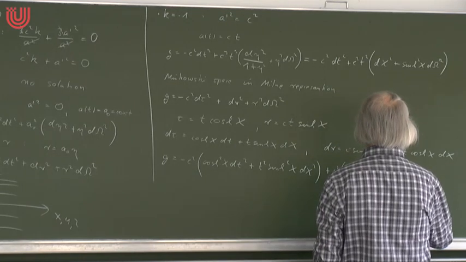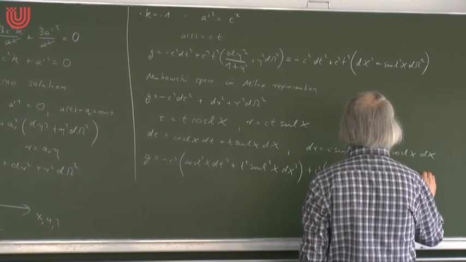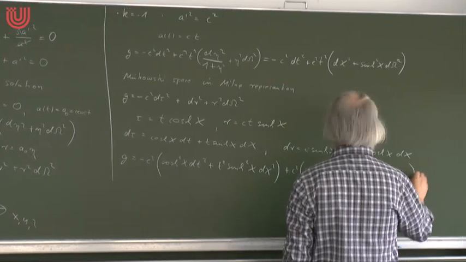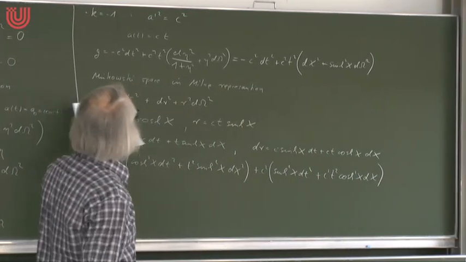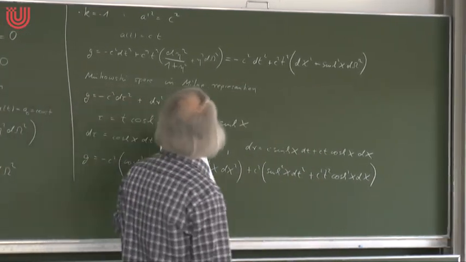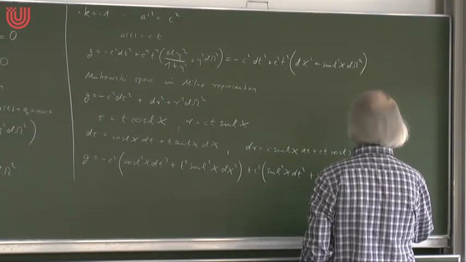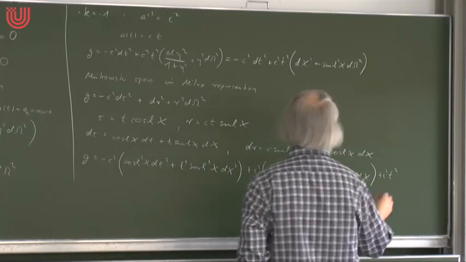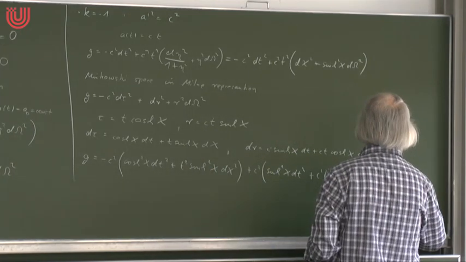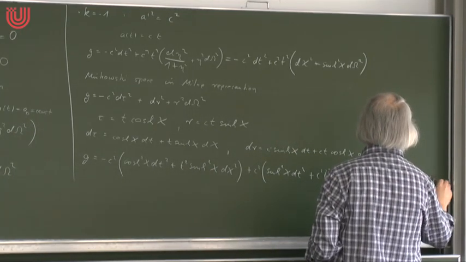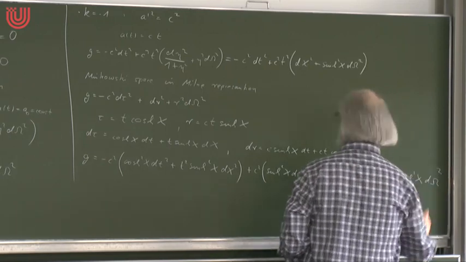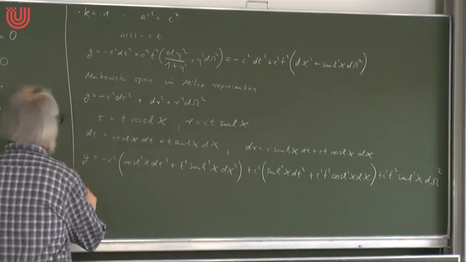Plus c squared t squared cosh squared chi d chi squared. And then we have the angular part, the r squared d omega squared. This is c squared t squared sinh squared chi d omega squared. Oops. And now let's collect everything together.